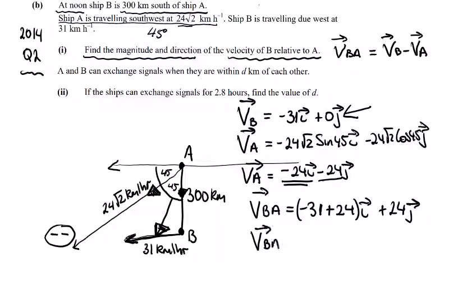So the velocity of B relative to A is going to be minus 7 in the i direction, plus 24 in the j direction. We are asked for the magnitude and the direction.